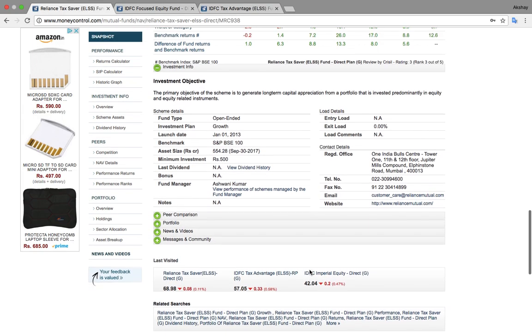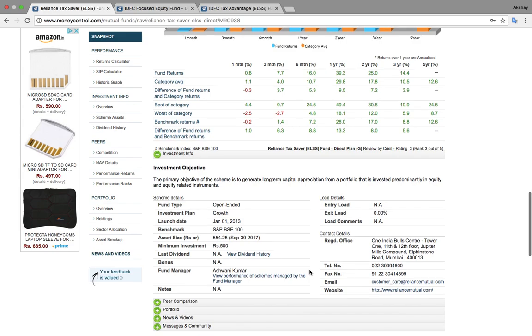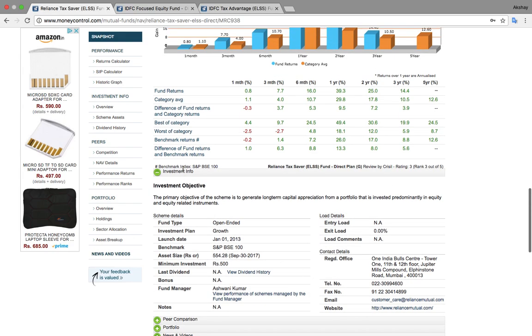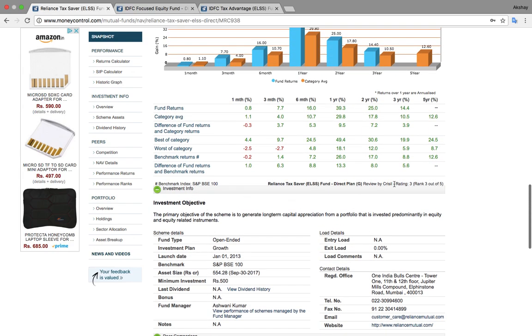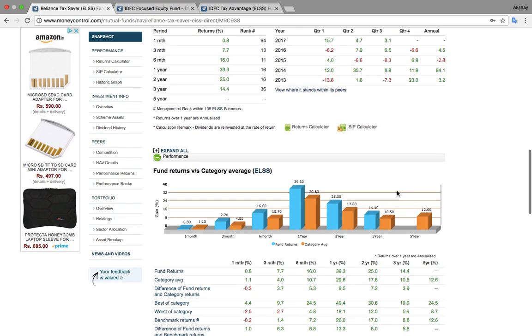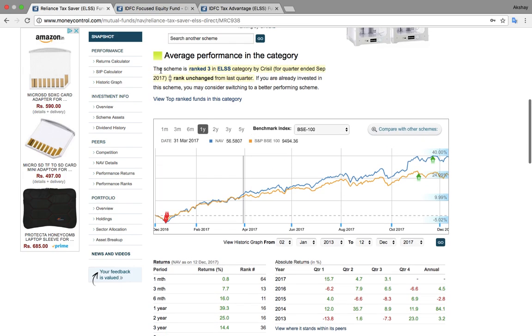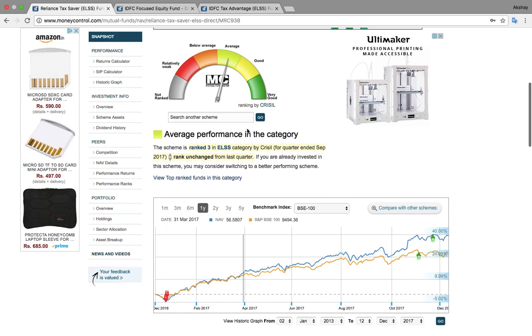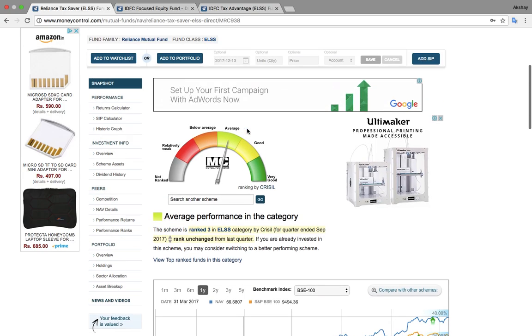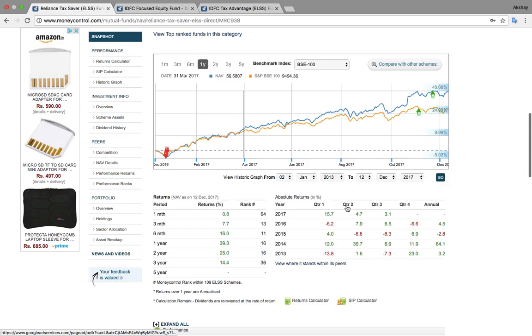There is a locking period of 3 years, it's for sure. I don't know where, but you will see this somewhere on this page. Whenever you talk about ELSS, there is a locking period of 3 years.